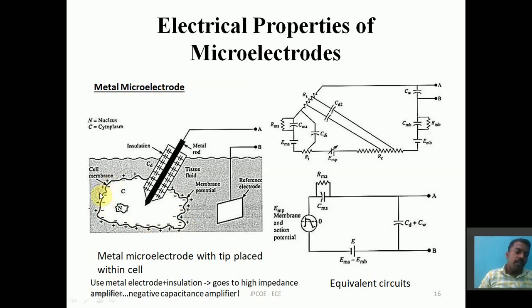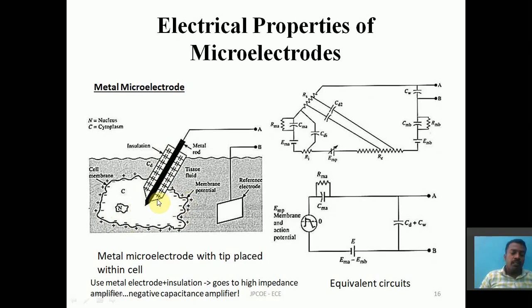Outside the cell we have positive charge, inside the cell we have negative charge. This is the nucleus, N. This is the main electrode, or active electrode, that is inserted within a cell. We are going to measure the potential difference across the cell membrane.